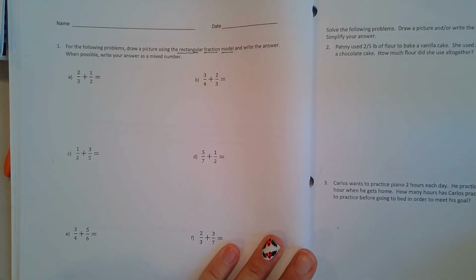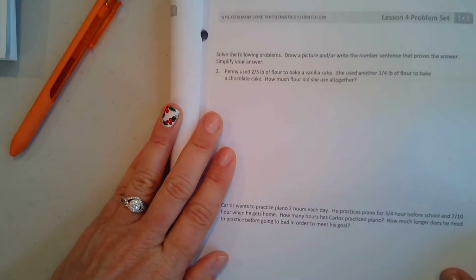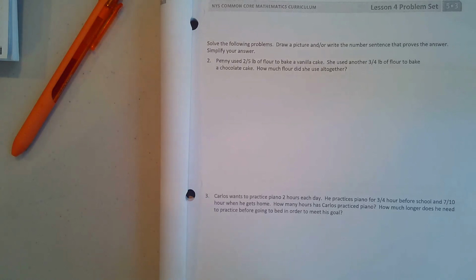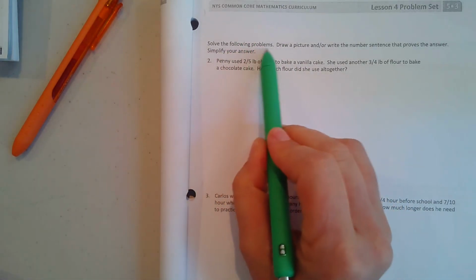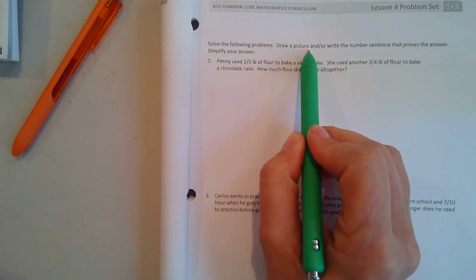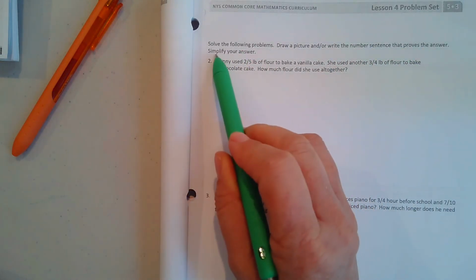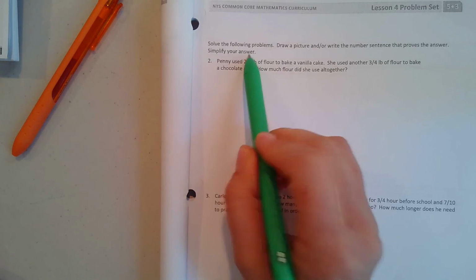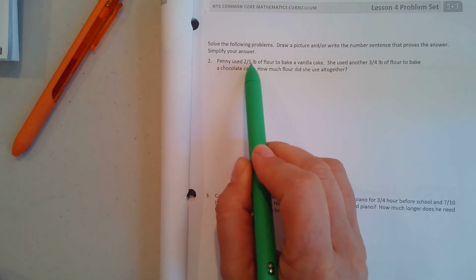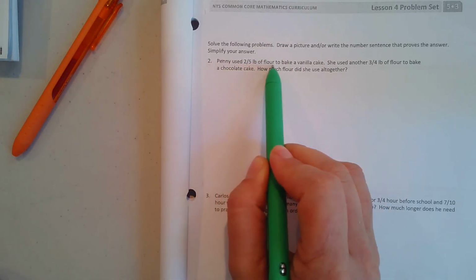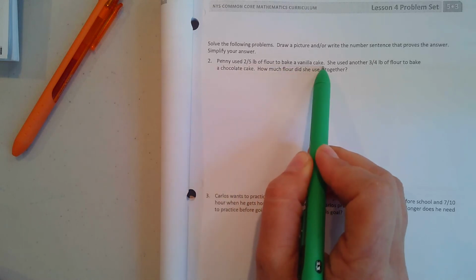Then over here for the word problems, always good to practice with your word problems. Solve the following problems. Draw a picture and/or write a number sentence that proves the answer. Always simplify your answer. So Penny used 2/5 pound of flour to bake a vanilla cake.